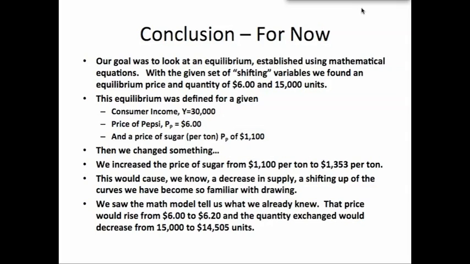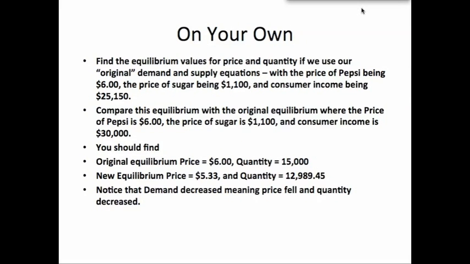Following along, we saw that the model would tell us what we already knew. We knew that the price would rise. The model tells us exactly how much the price will rise, and we knew the quantity would fall, and the model told us exactly how much the quantity fell. So in a sense, we've been able to show what we needed to show.